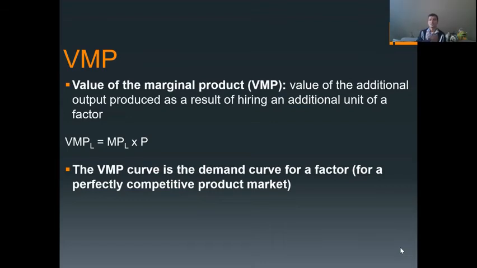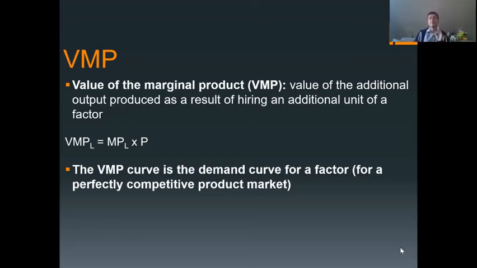So that is the value of the marginal product. I know, not a super creative name. Economists aren't creative. So all you have to do to figure that out is your marginal product multiplied by the price that they sell the good at. Those two things together get you your value of your marginal product. And that makes up the demand curve for a factor.